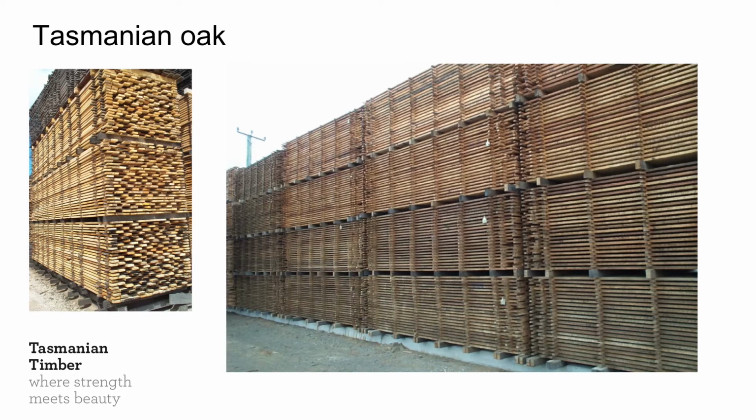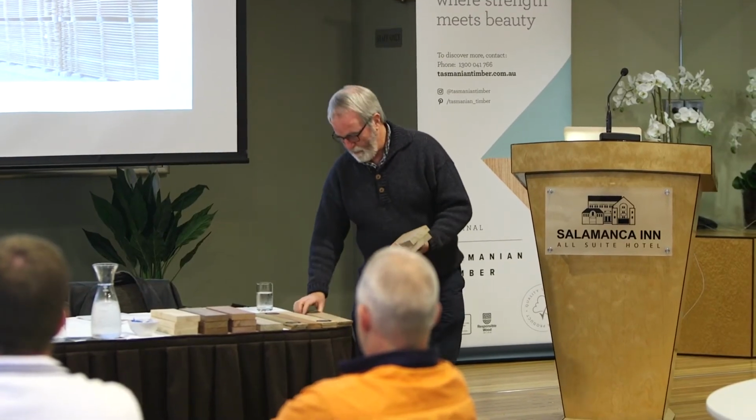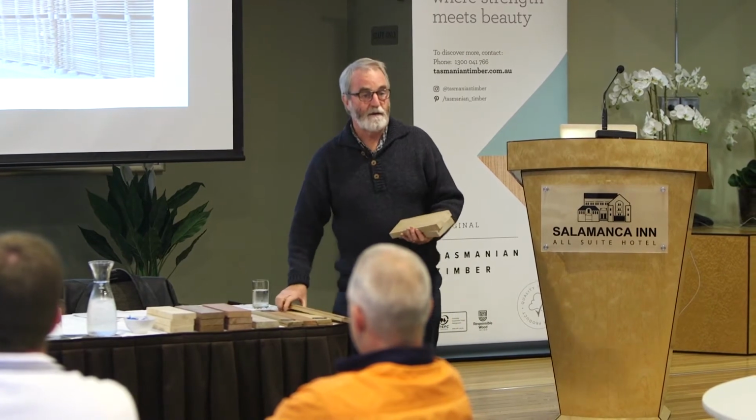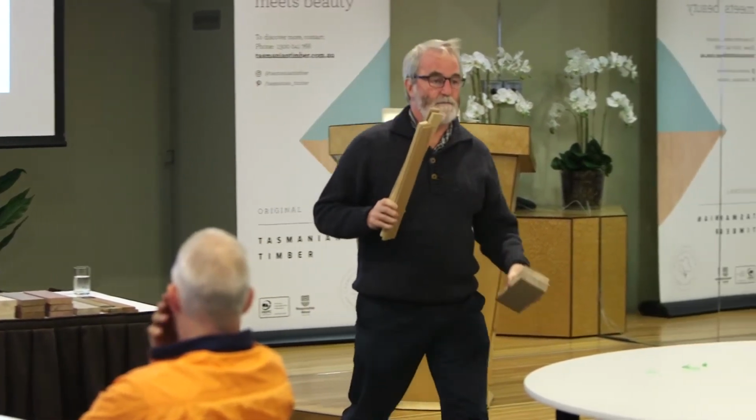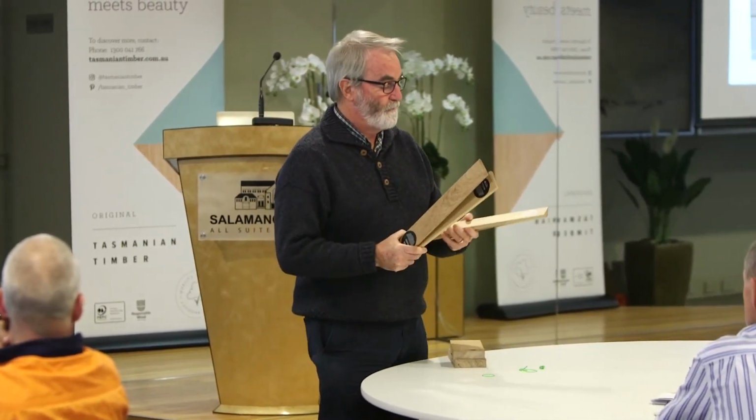So this is Tasmanian oak. This is the bulk of the market, the bulk of supply. So I've got some samples here which I'll pass around, just so long as we can get them back at the end. So these ones with the nice black stickers, they're hydrowood.